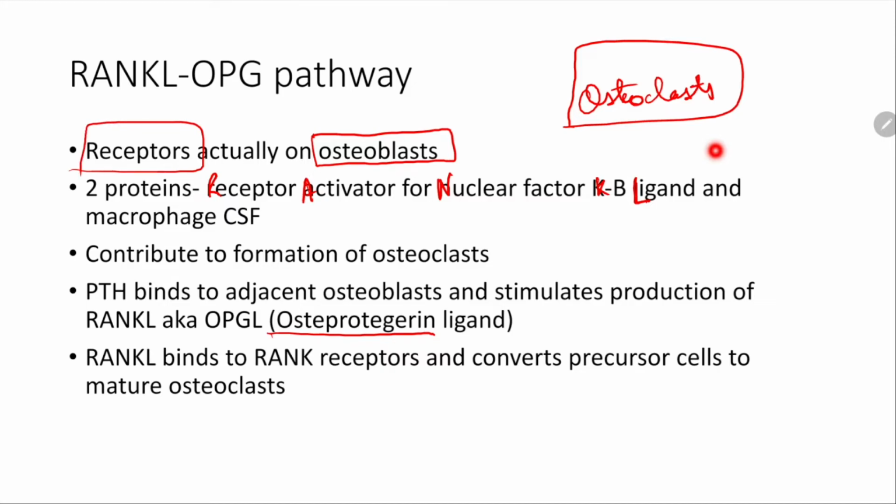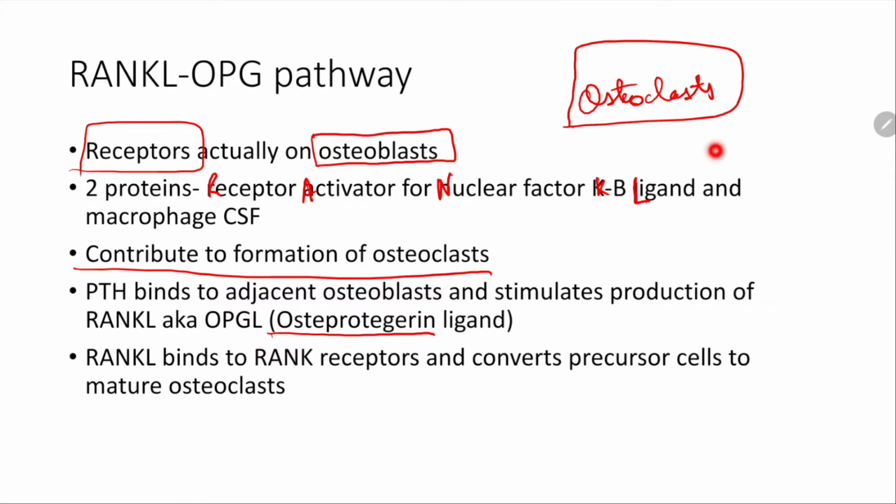Very important. When these receptors come to the osteoblasts, they cause release of this RANKL, or the RANK ligand. What that does is contribute to formation of osteoclasts, and that will cause resorption of the bone.